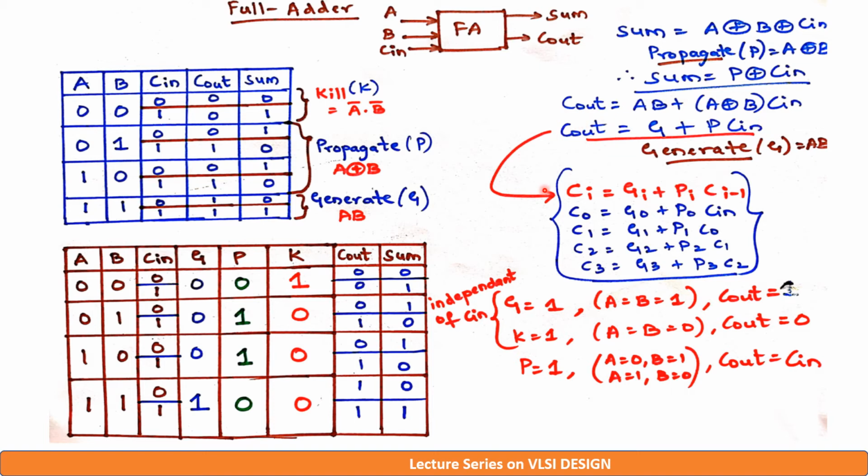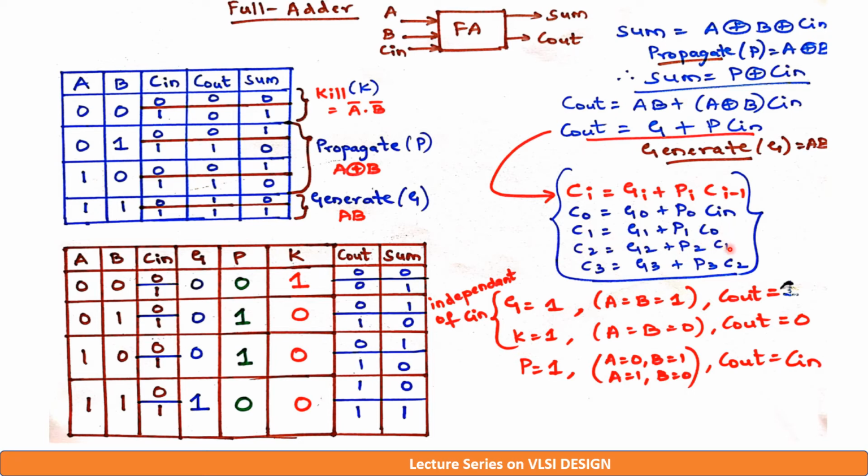So with this we can extend it to a 4-bit adder. The carry out expression can be written as Ci equals Gi plus Pi into Ci minus 1. For the first stage, C0 is G0 plus P0 C in. C1 is G1 plus P1 into C0. If you substitute C0, C1 will only be dependent on C in. It doesn't depend on the previous carry. C2 equals G2 plus P2 C1.